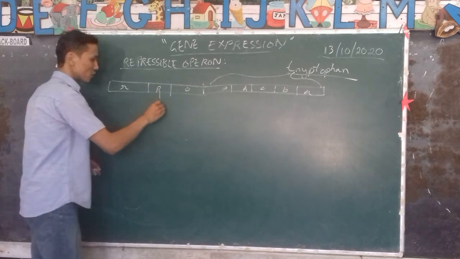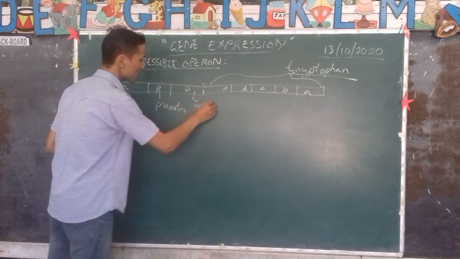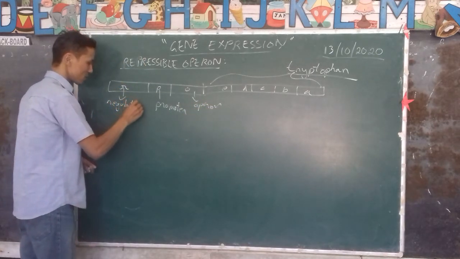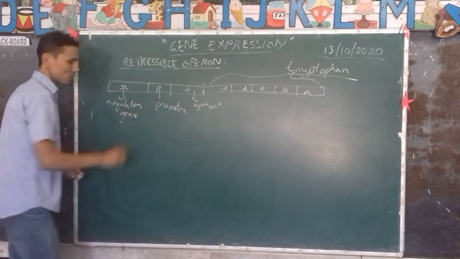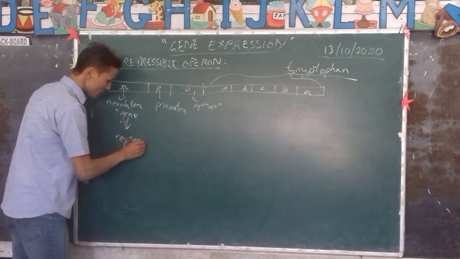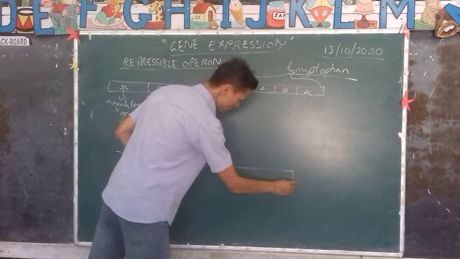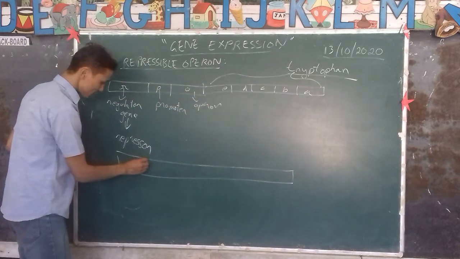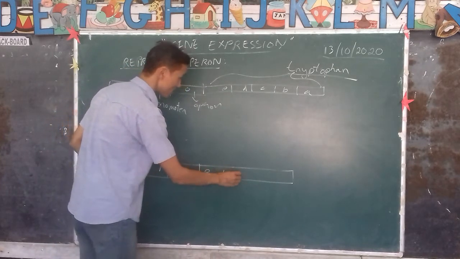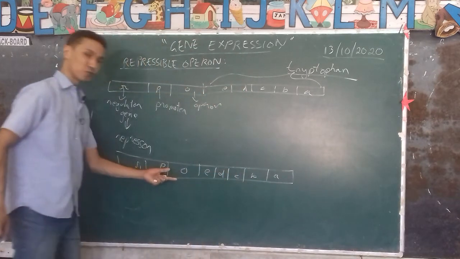Your P is your promoter region, O is your operon, and your R is your regulator gene. Your regulator gene produces a protein called repressor. In the earlier case, the repressor was bound to the operon, but in this particular case, it is not bound to the operon.